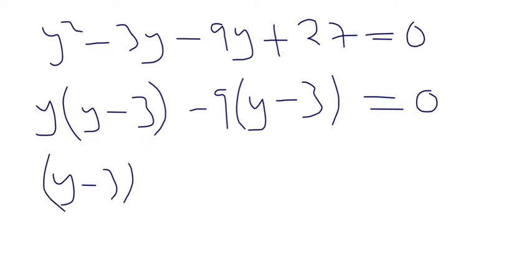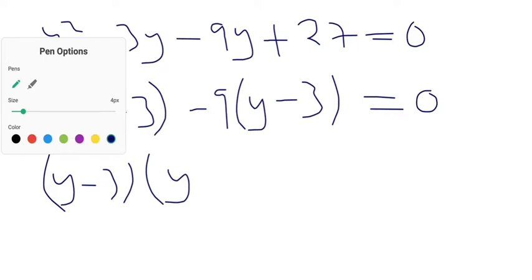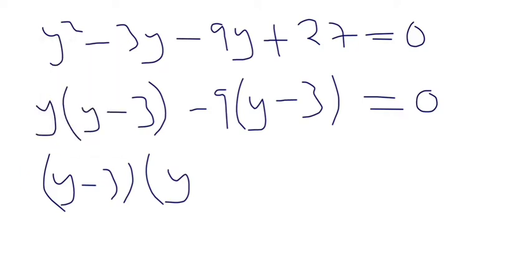I factor this one out, so this one into this one, what I'll get is just a y. Then similarly this one into this one, I'll get a negative 9 equals 0.